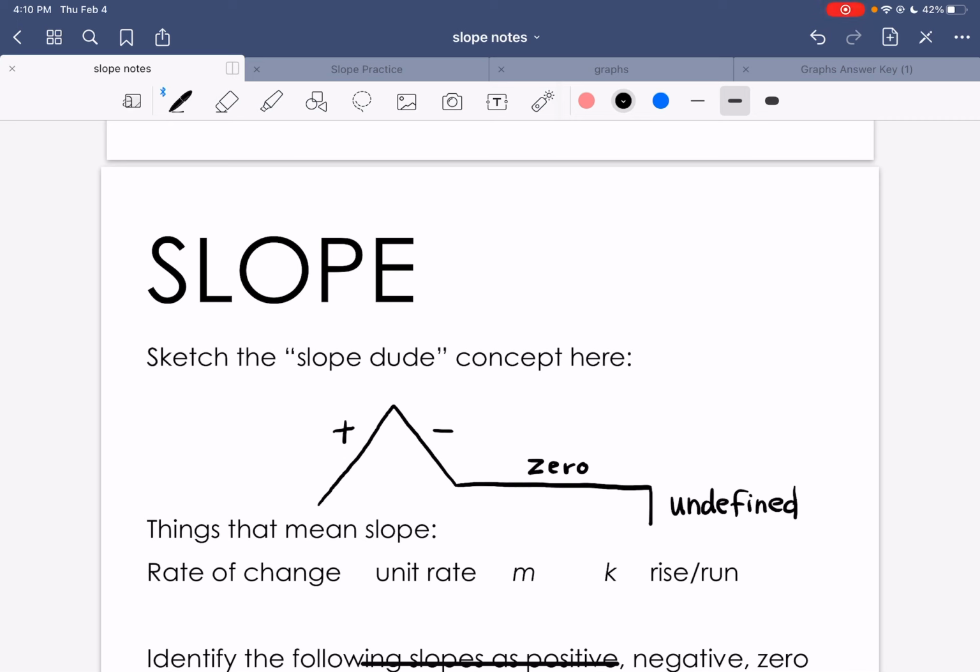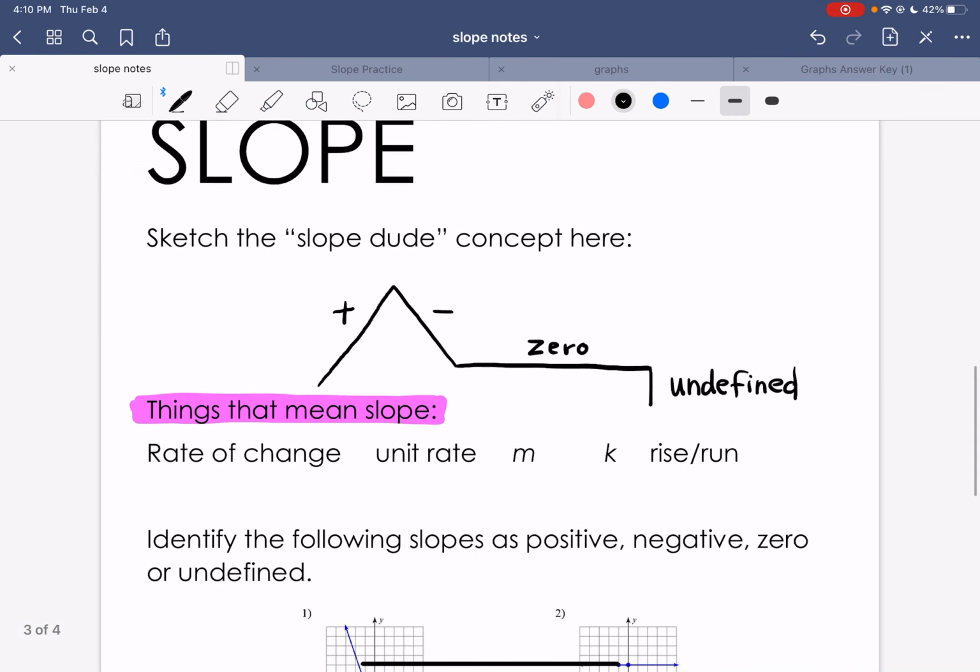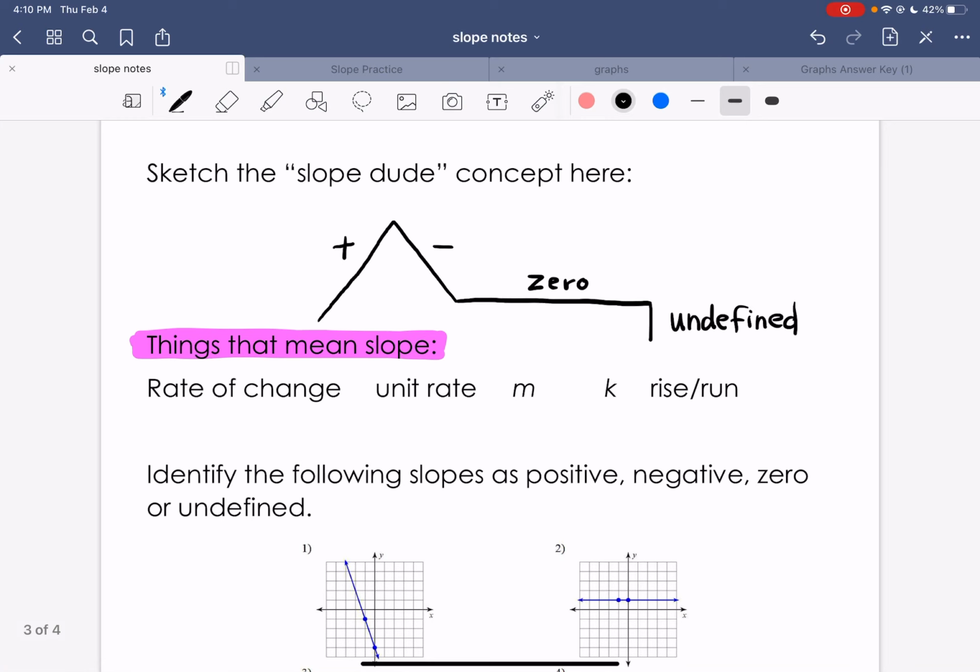But what we're going to talk about is different things that can mean slope. Just like sometimes we have nicknames, alternate names for the same thing, slope is not immune to that. So rate of change is one way to say slope, and some place that you might see that is something like miles per hour, a rate of change, miles per hour.